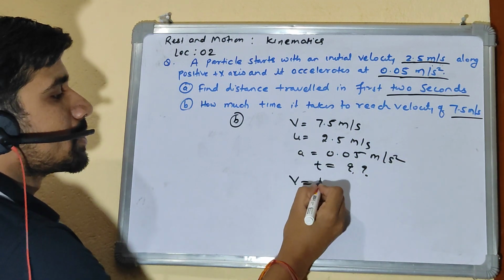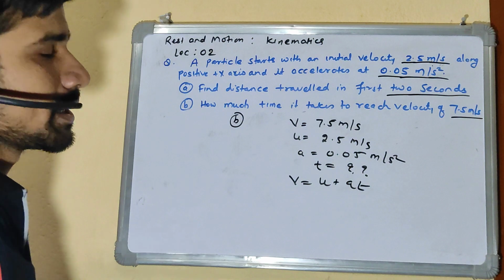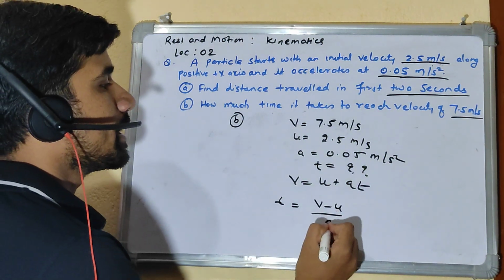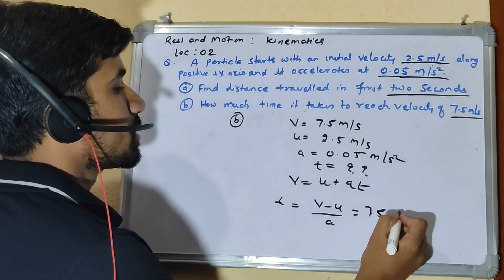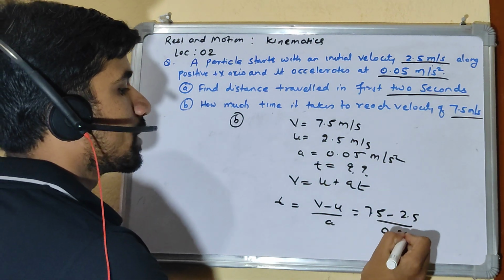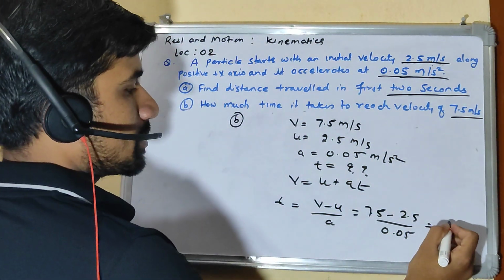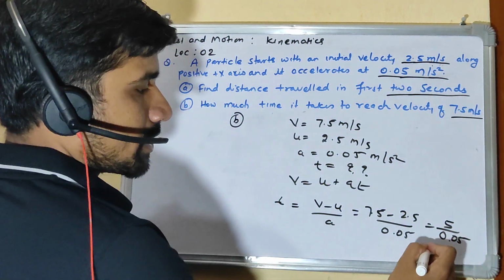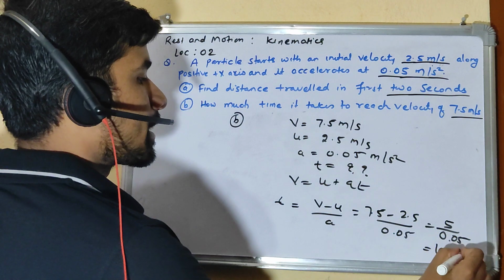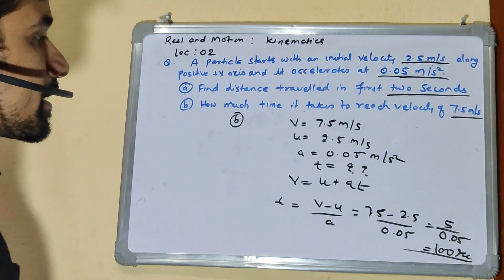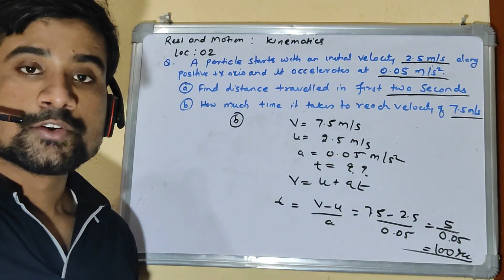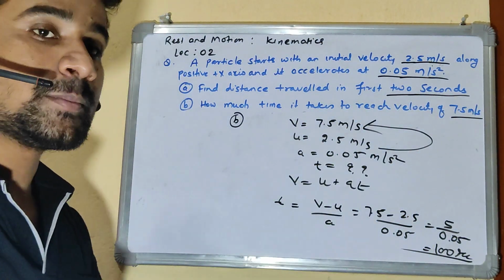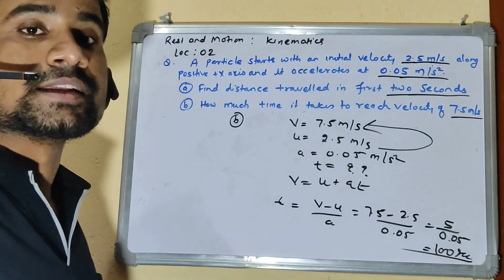I'll use this particular expression, and I know t is nothing but v minus u by a, which is 7.5 minus 2.5 by 0.05, which is nothing but 5 by 0.05. If I'm not wrong, this becomes 100 seconds. Right. So in 100 seconds, this particle will reach from 2.5 meter per second to 7.5 meter per second if it maintains this particular acceleration. Right.